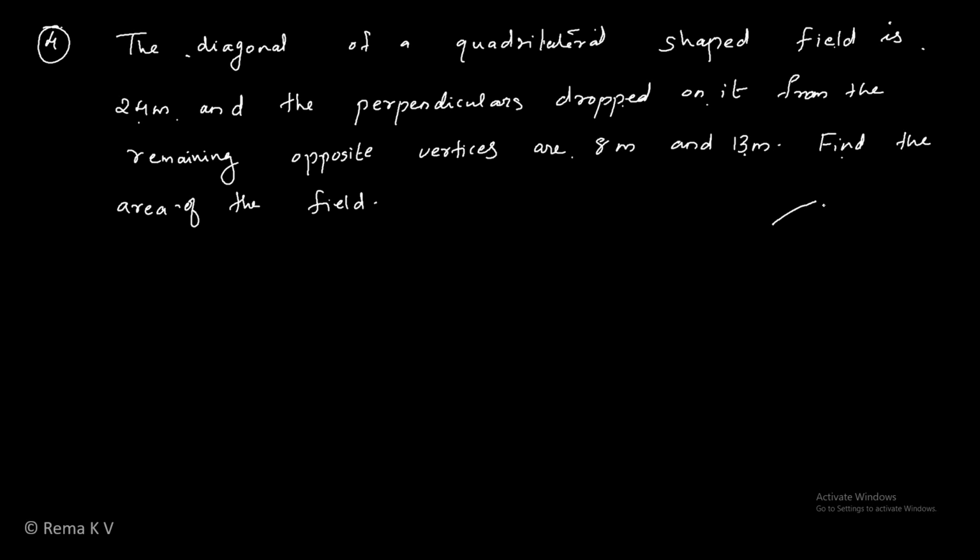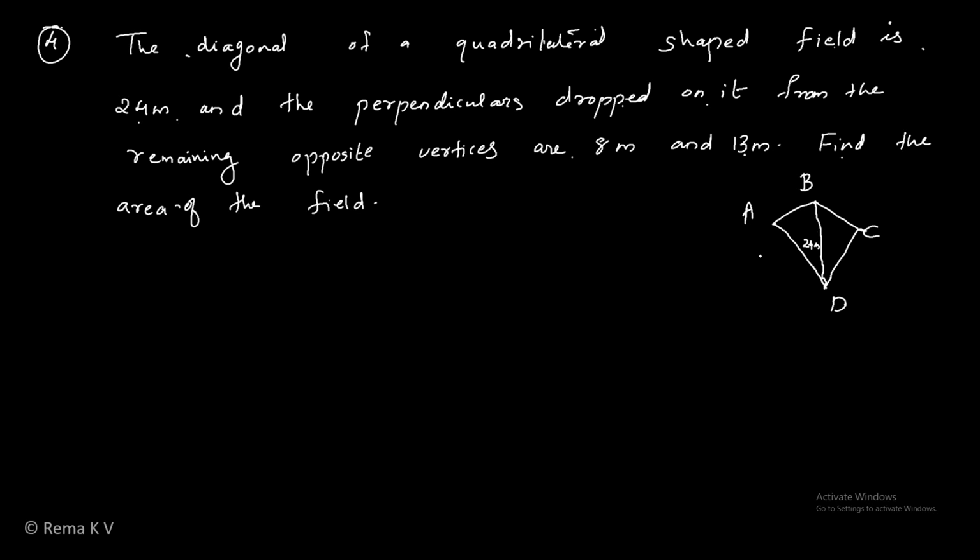So a quadrilateral shaped field ABCD is given. The diagonal of the quadrilateral shaped field is 24 meter. So let us draw the diagonal here. This is given as 24 meter.